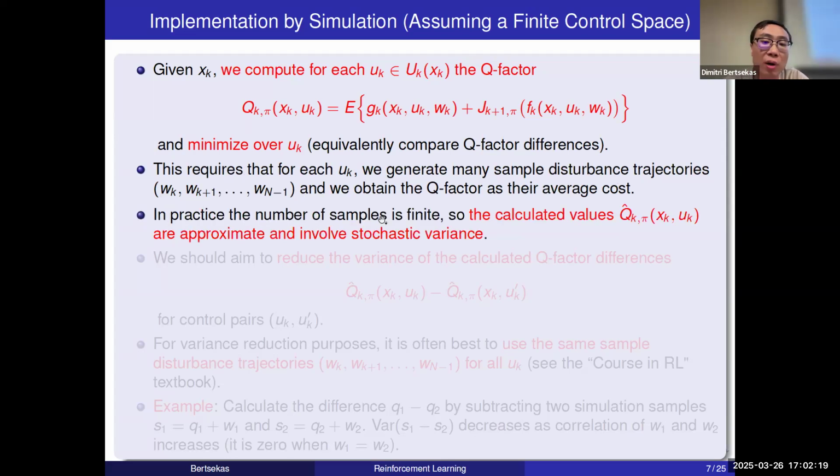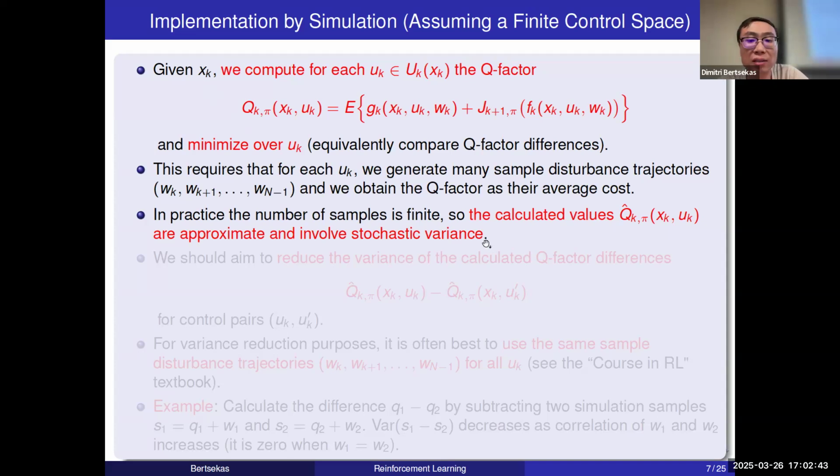In practice, the number of samples is finite. Therefore, the value we obtain is really a calculated estimate of the Q value, not its exact value, but an approximation of that value that involves stochastic variance.